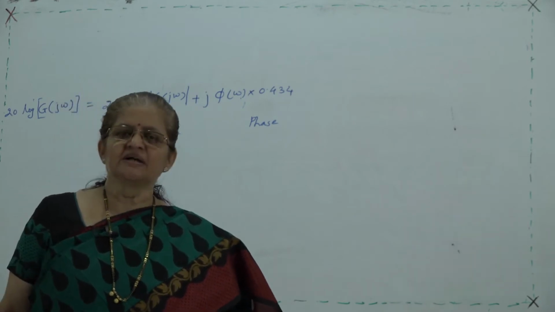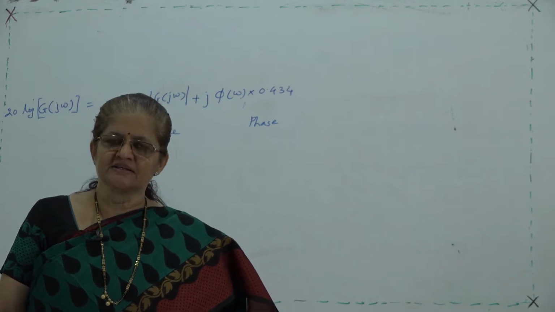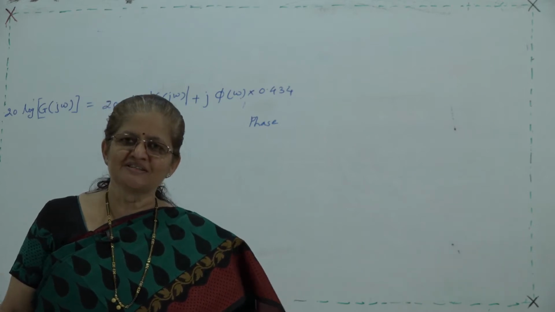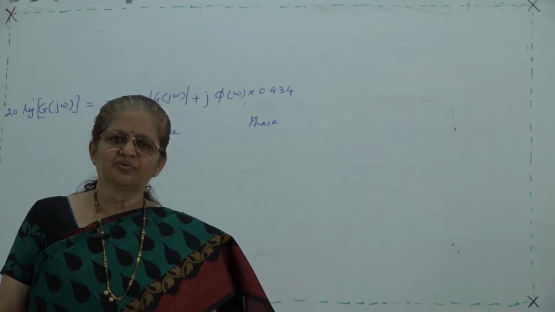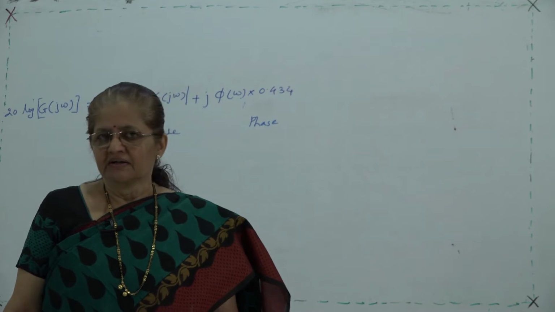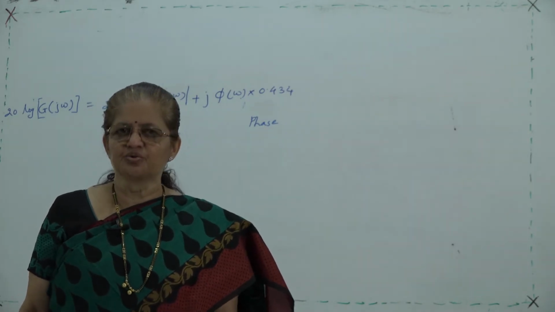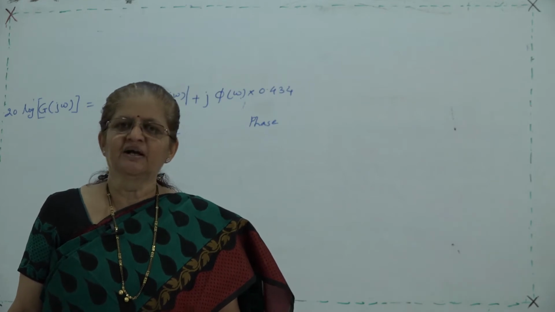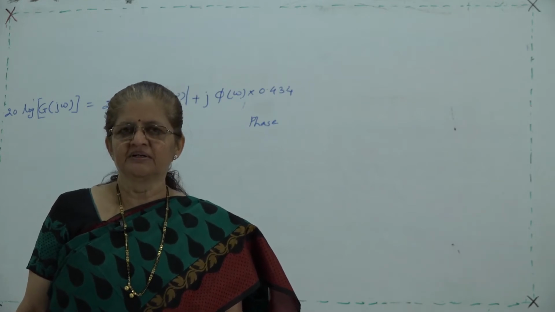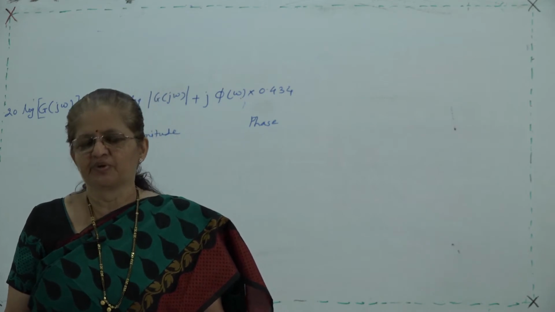The main advantage of the Bode plot is that over the whole range of frequency, that is a large range of frequency, we can observe how the magnitude is varying and how the phase is varying. The total frequency range is divided into two regions, lower region and upper region, and both simultaneously we can observe. This is one advantage of the Bode plot.